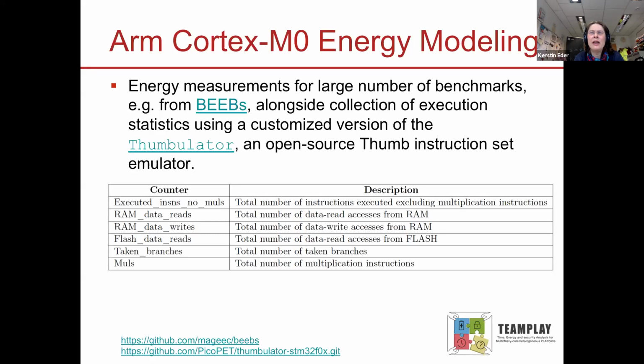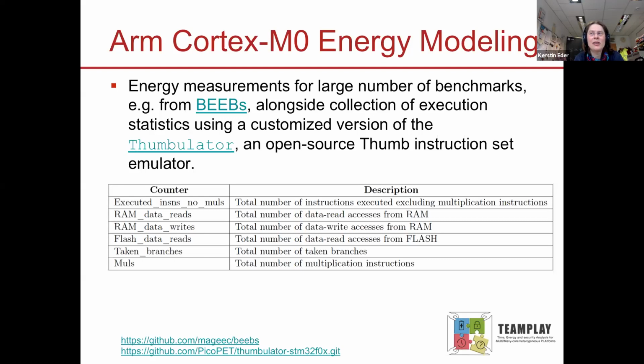There is an open source instruction set emulator for the Thumb instruction set, which is called Thumbulator. And we created a customized version of that Thumbulator. You can find the GitHub repositories for both the BEEBS and the Thumbulator version that we're using at the bottom of this slide. Okay, and so we identified some counters and used these counters for our energy modeling.